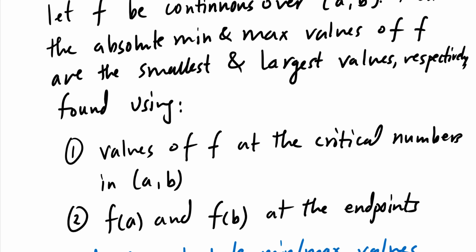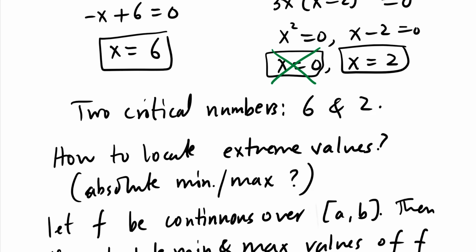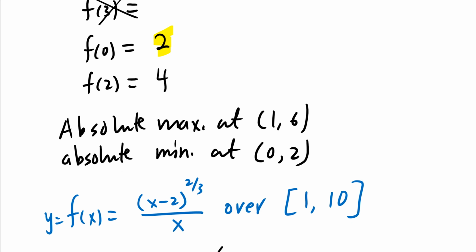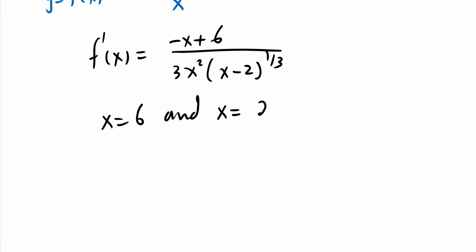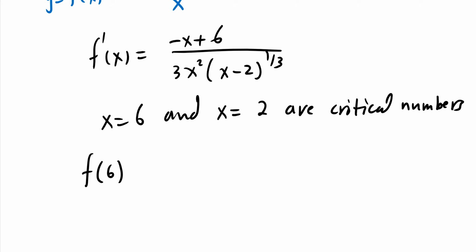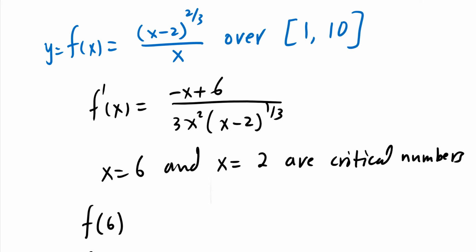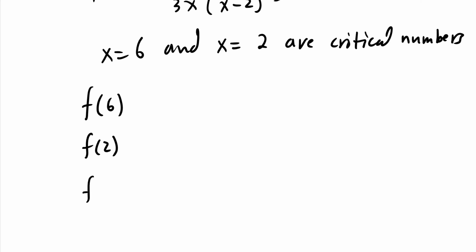There was x equals 6 and x equals 2. These two values were critical numbers. So now what we need to do is evaluate the function at 6, at 2, and at the endpoints 1 and 10.